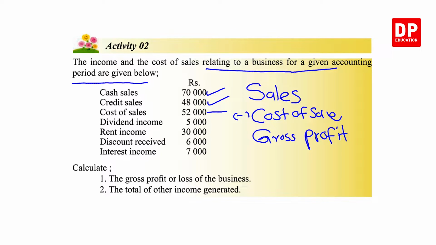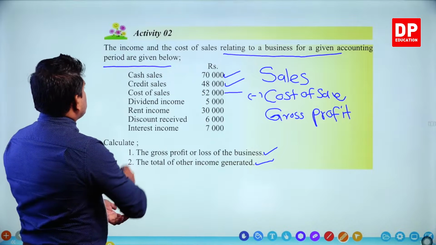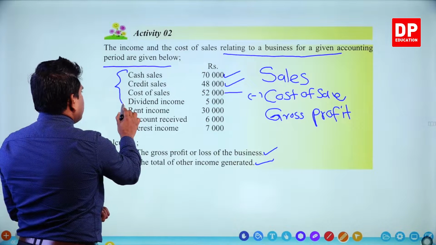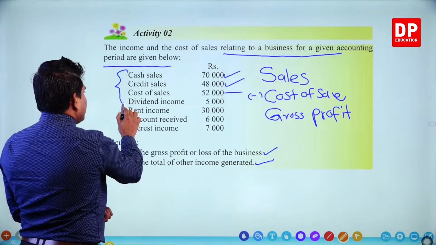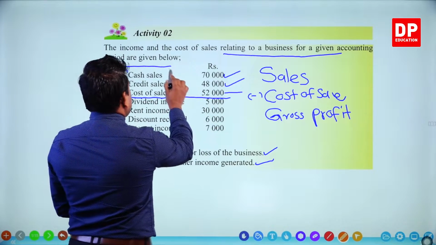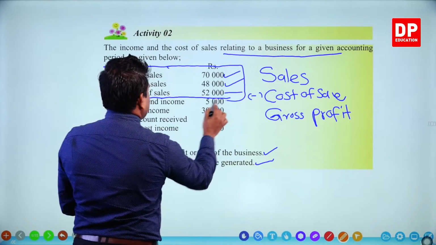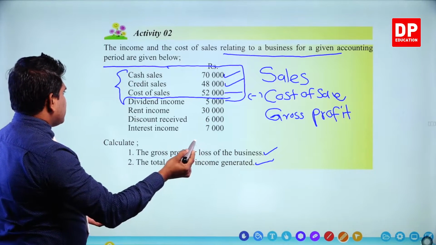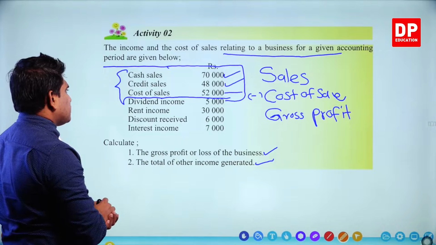Now, the question asks: calculate the gross profit or gross loss of the business, and the total of other income generated. Dividends income does not go in this part, right? It should go under the cost of sales part. There are three items: cash sales, credit sales, which make sales, and cost of sales.